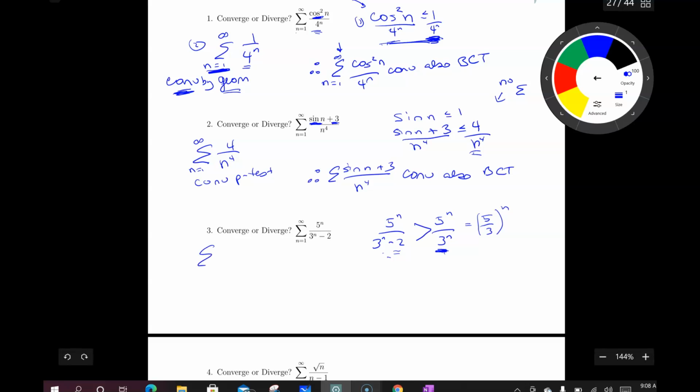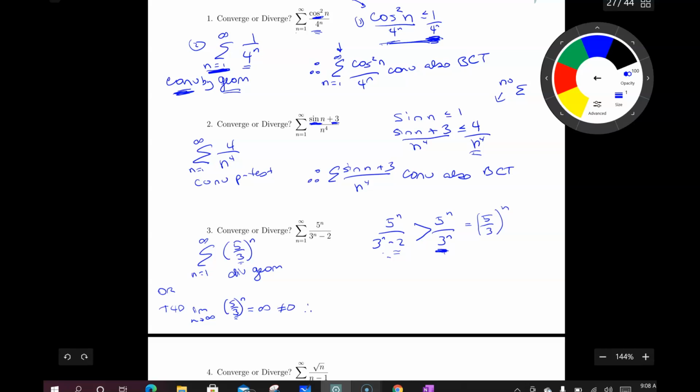Now I'm going to be looking at the sum of 5/3 to the n and deciding what that does. I can see this is geometric, so this is a divergent geometric because r is equal to 5/3. You could also do the test for divergence on this. You don't have to do both, but let me just write it. If I took the limit as n goes to infinity of 5/3 to the n, since this number 5/3 is larger than 1, this equals infinity.